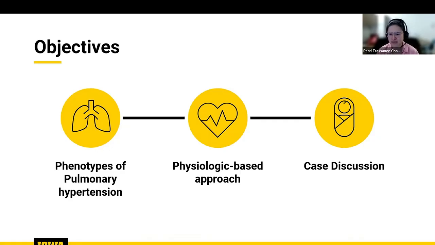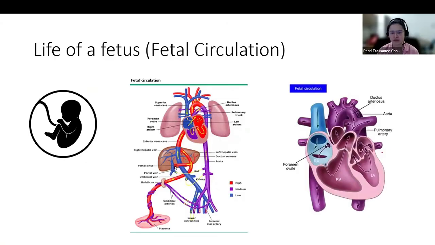Over the next 30 to 40 minutes or so, I'm planning to go over three objectives: phenotypic presentations of acute pulmonary hypertension, how we can approach acute pulmonary hypertension physiologically, and end with clinical implementation of targeted neonatal echocardiography and neonatal hemodynamics through a case discussion.